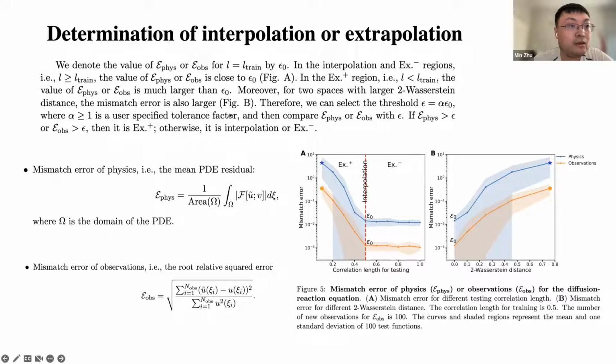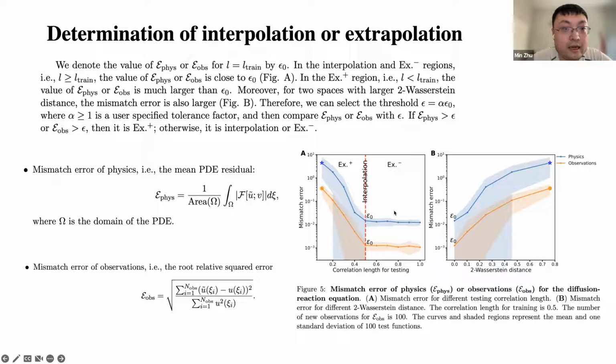And we denote the value of epsilon physics or epsilon observation for L equal to L train by epsilon zero. In the interpolation and extrapolation minus ranges, the value of epsilon physics or epsilon observation is close to epsilon zero, as we can see in figure A.